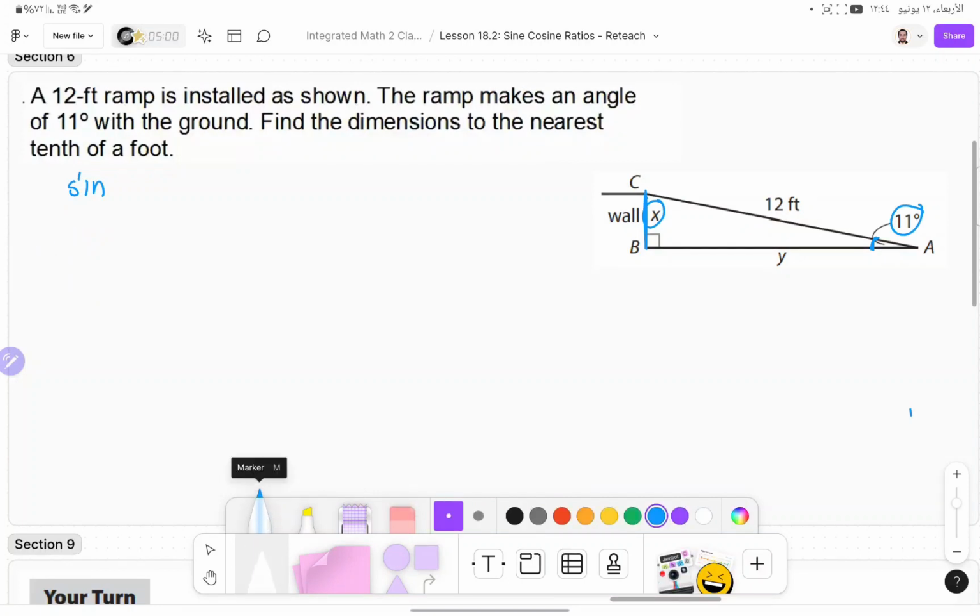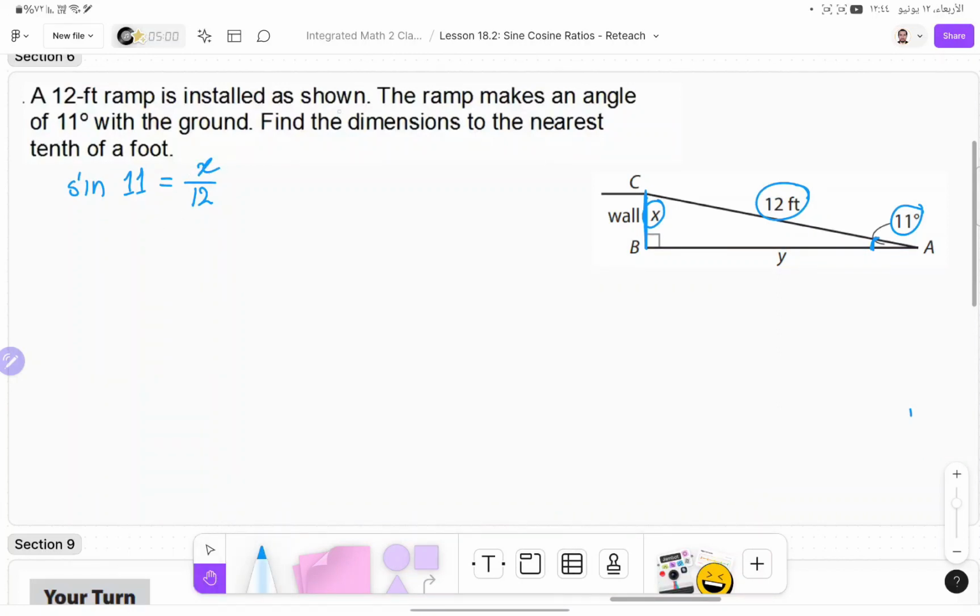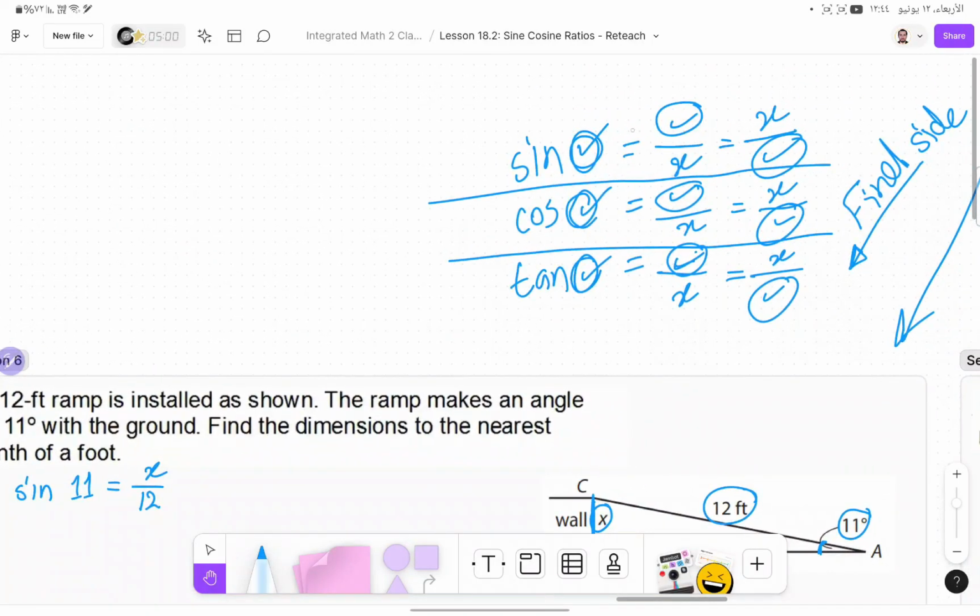For example, let's start with sine. We know that sine 11 equals opposite over hypotenuse. The hypotenuse is 12 and the opposite is x. Now, is there a rule that lets me find x, as I told you here?